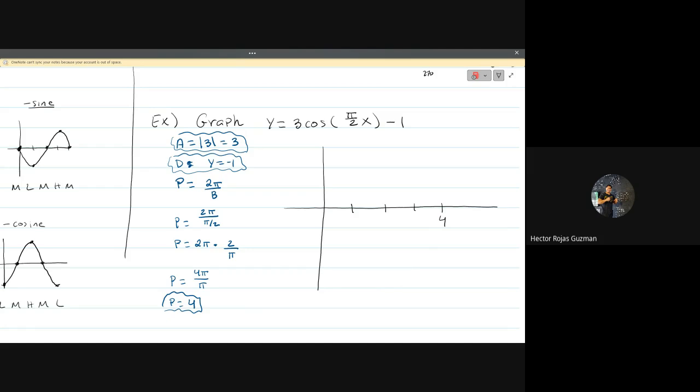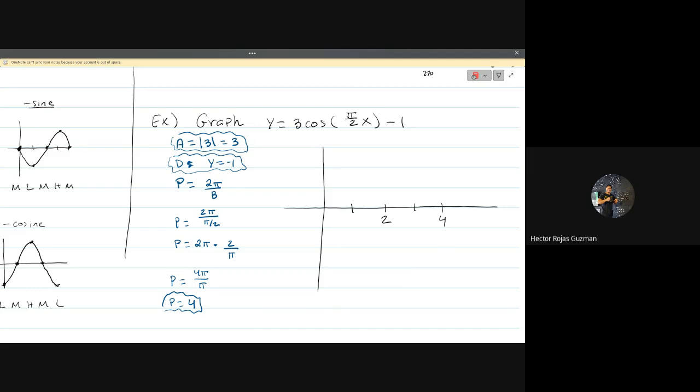The rest of the lines, in this case, it's pretty easy to know what they are. Like it's 1, 2, 3, 4. But if it's kind of tricky, you can always take the period and divide it by 2. That's this guy. And as long as you have these 2 values, you'll be good.